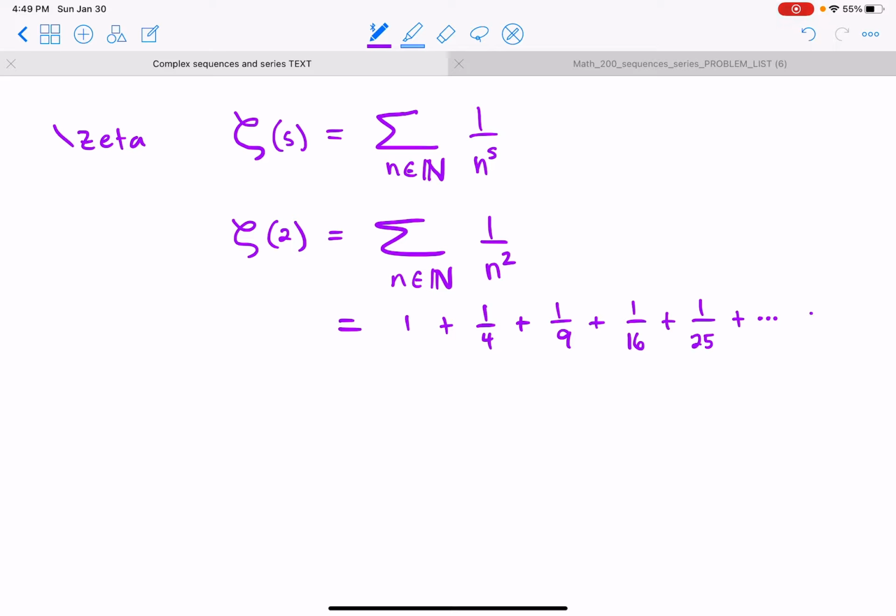And supposedly, we are meant to believe this is like pi squared over 6 or something like that. Maybe that's wrong. I don't know.